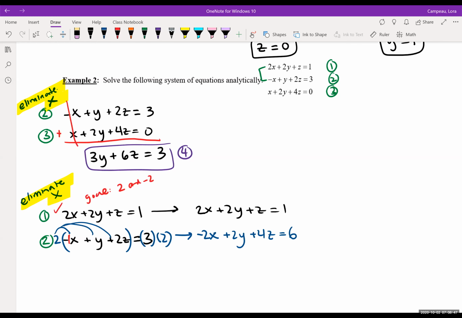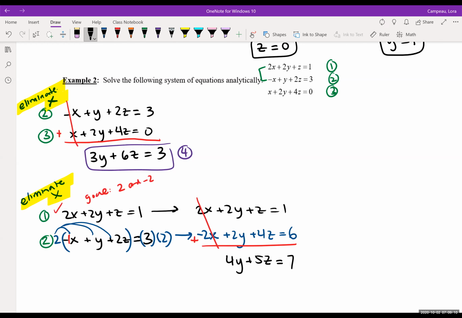That's something I know sometimes, when we're looking from left to right, causes some issues. So now we're going to add vertically. And what should happen is our x terms should cancel out. And they do. So we have 4y plus 5z equals 7.